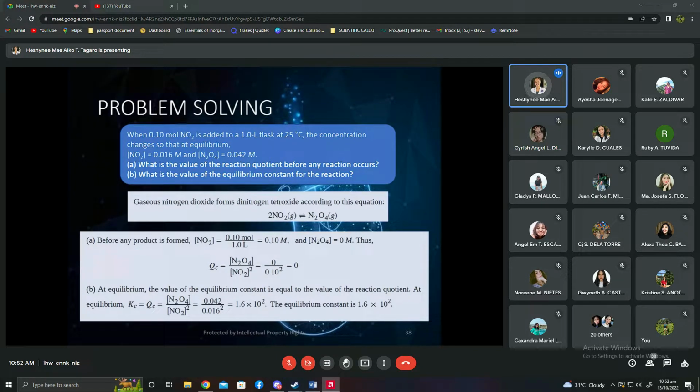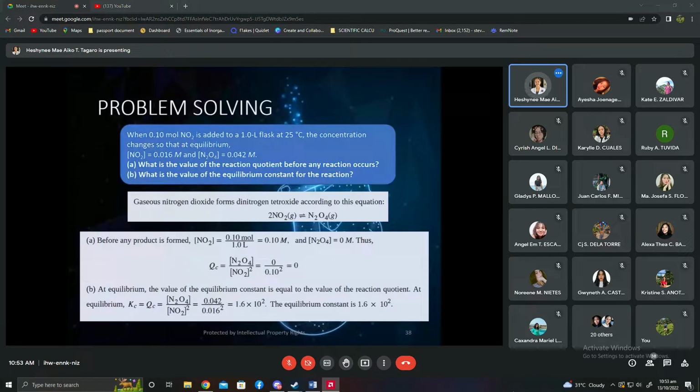Next, N2O4. Why is it that its concentration is 0? Indeed, the concentration is 0 for your N2O4. Your hint is letter A: before any reaction occurs. Meaning, there is no product formation yet. Therefore, the concentration of our N2O4 is 0. Okay?